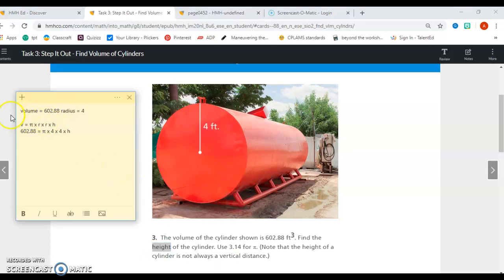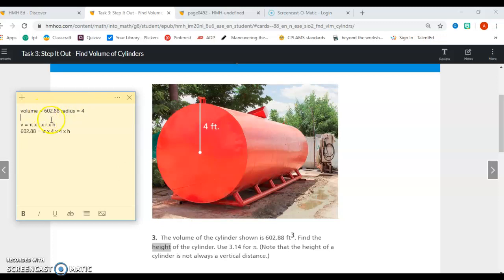So, here we know that the volume is 602.88, and we know that the radius is 4 feet. Be careful, if they would have given you the diameter of 8, do not mistake a diameter for the radius. Always make sure you're using the radius in your formula.